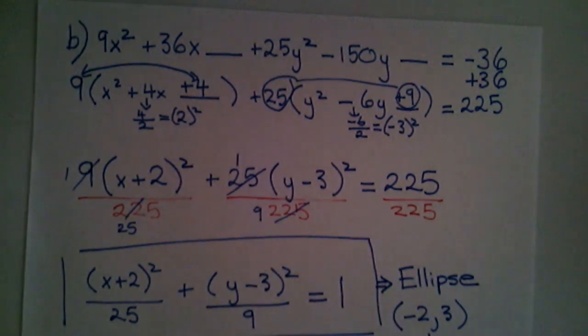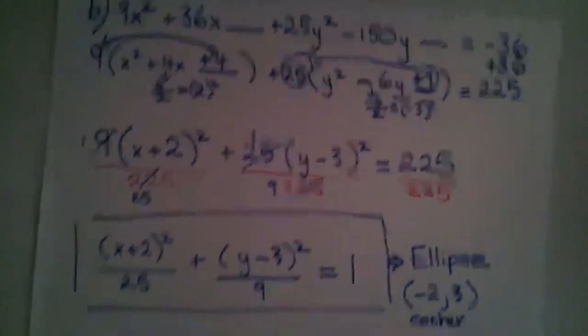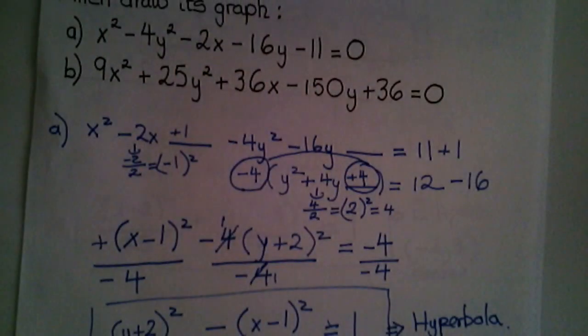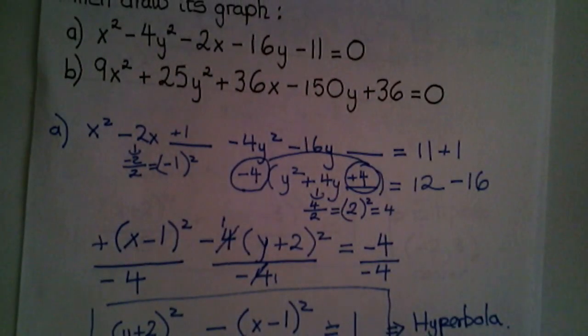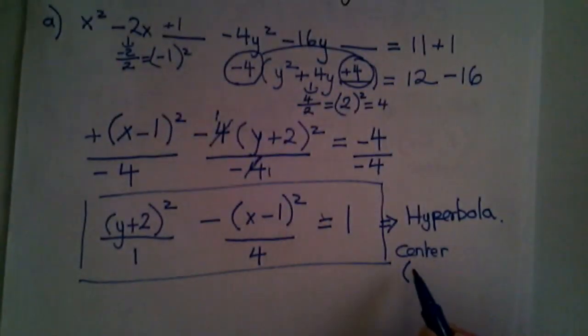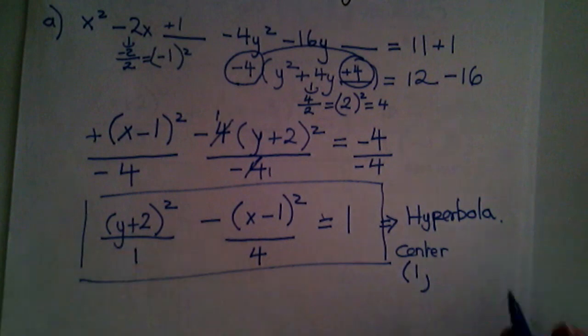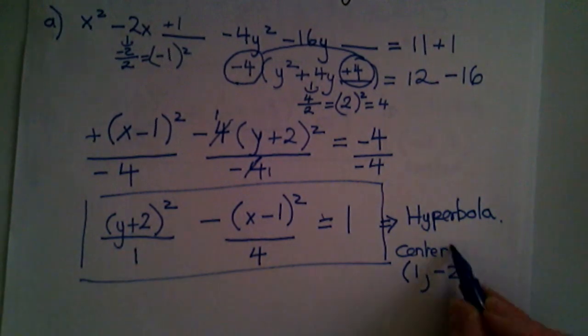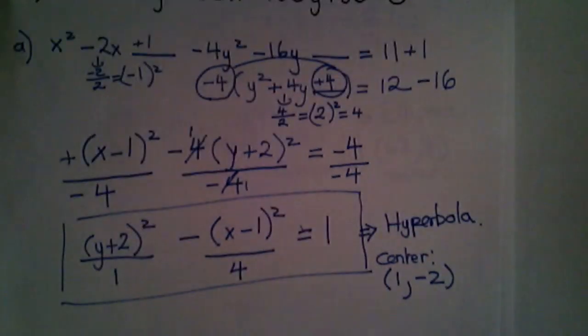And like the one that we just finished for the hyperbola, which is what we're going to graph first, did we know what the center here was? Yes, the center here is going to be, for x, 1, and for y, negative 2. Oh, right, so good job on that.